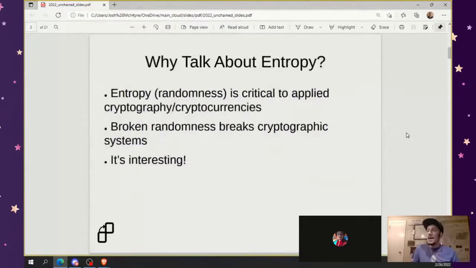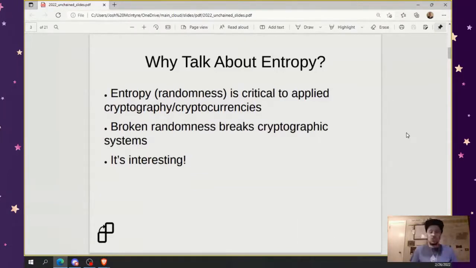So today we're going to talk about entropy, and why is this interesting? Why is this important to us in the blockchain space? Entropy is something that even outside of cryptocurrency is super important for all the cryptography we use day to day to secure our web browsing and secure our data stored on our hard drives, encrypted at rest.